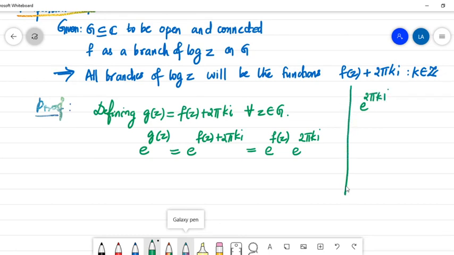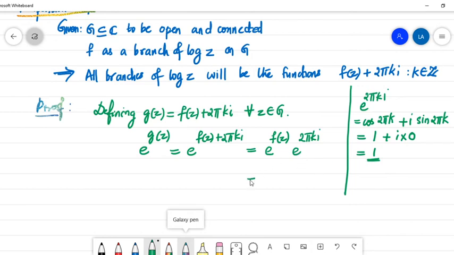That is equal to cos 2 pi k plus i sin 2 pi k, right? So cos 2 pi k for every k that belongs to Z will be 1, and sin 2 pi k for every k will be 0. That is, this is equal to 1.